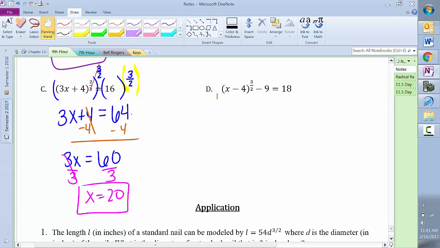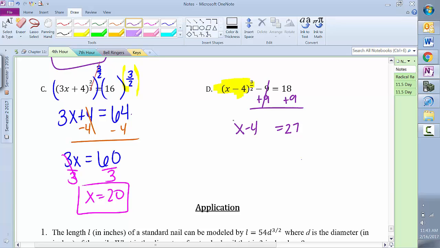You were just multiplying. Okay. So again, it's not isolated. So what I have to do to both sides before I do anything is add 9 first. You can't do that until it's alone. It's isolated. And then you get 27.